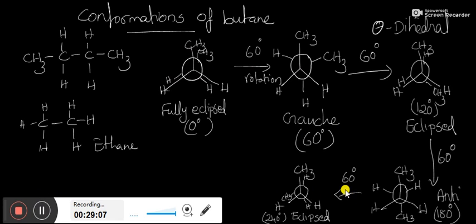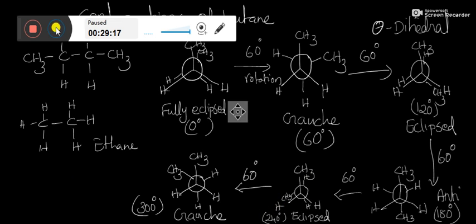When we rotate another 60 degrees, it converts into eclipsed conformation. Here the total degree of rotation is 240 degrees. When we rotate another 60 degrees, it converts into Gauche conformation. Here the total degree of rotation will be 300 degrees.